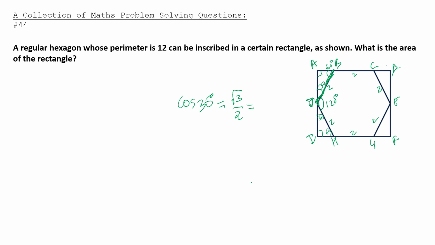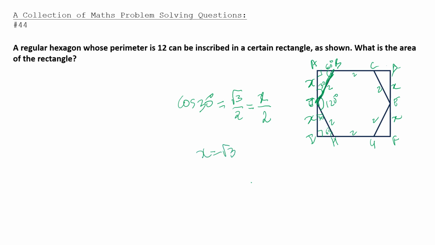Now I don't know what AJ is. If I say that AJ is X, then it would be X out of 2. This would be X, this would also be X, by the way. So X would be root 3.